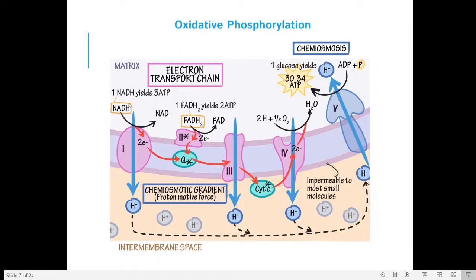Once again, one NADH yields 3 ATP, and one FADH2 yields 2 ATP. At the end of oxidative phosphorylation, 30 to 34 ATP are produced from 1 glucose.